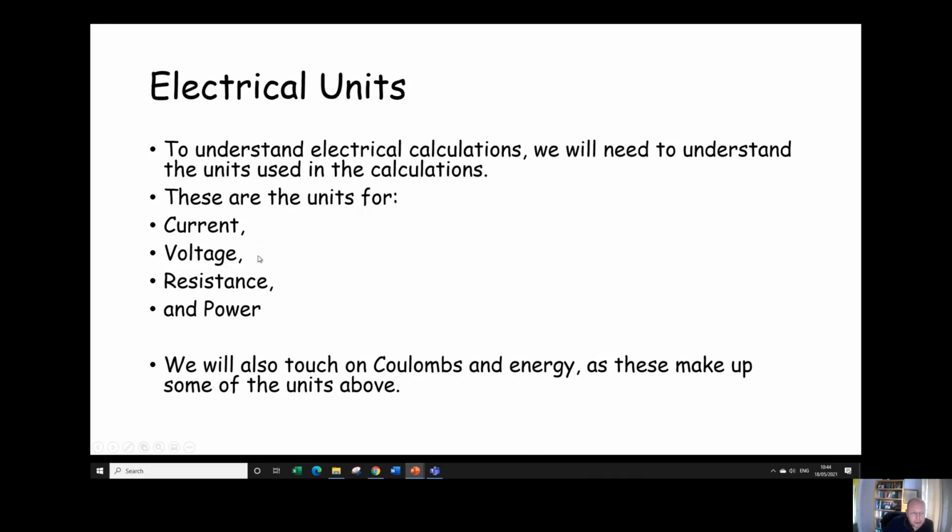Current is measured in amps or amperes, but it's actually a flow of coulombs: a certain number of coulombs passing a point per second. It's similar with power. Power is measured in watts, but it's actually the flow of energy. So it's the number of joules passing a point per second, and joules is the measurement of energy.